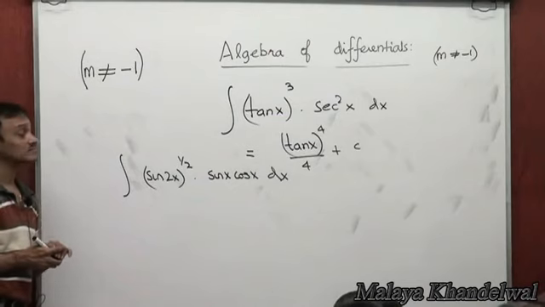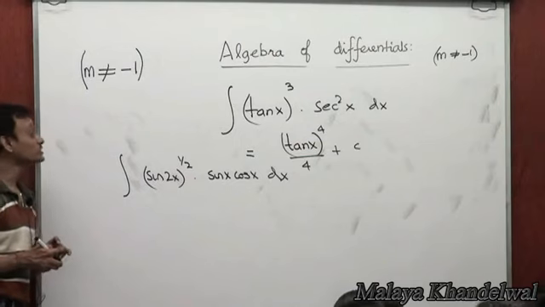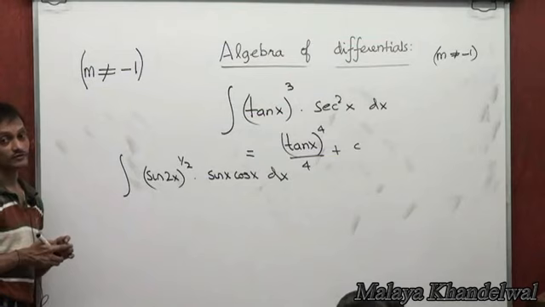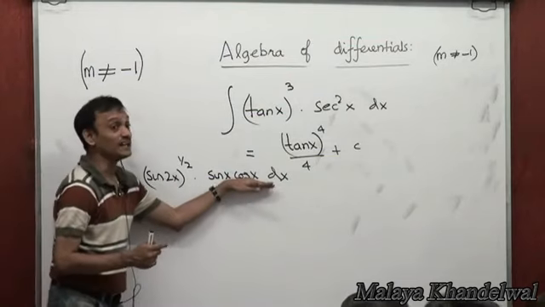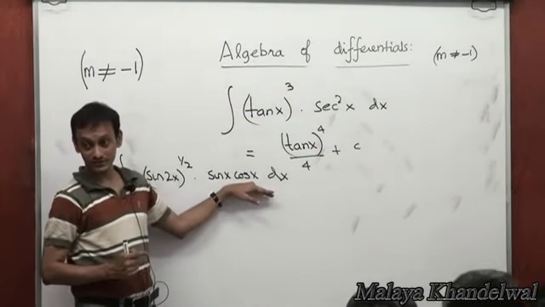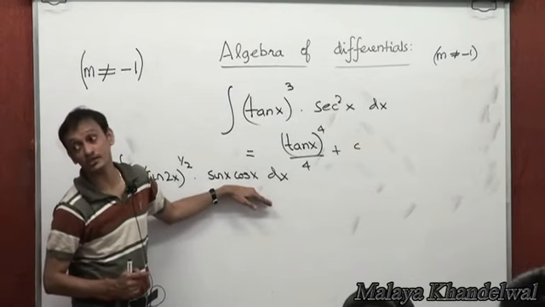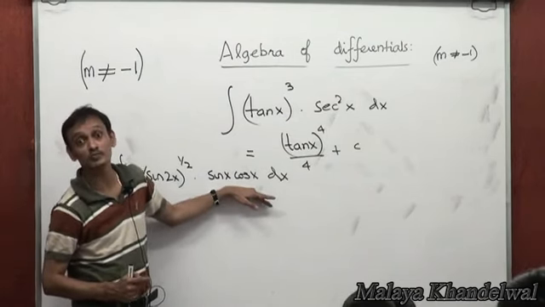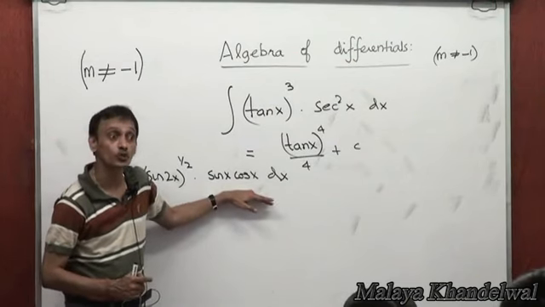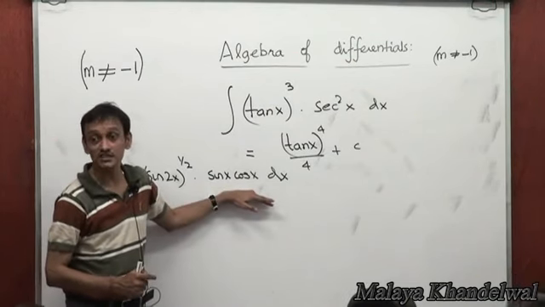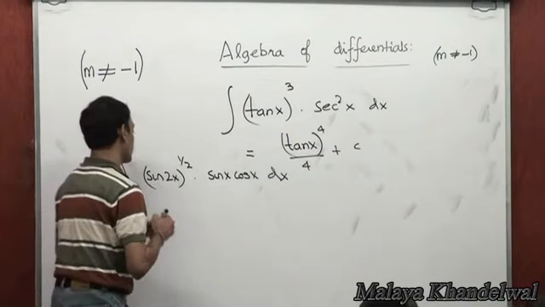What would this be? The integral of sine 2x to the power half. First of all, sin x cos x is what? Half sine 2x. 2 sin x cos x is sine 2x, so sin x cos x would be half sine 2x. Yes or no?